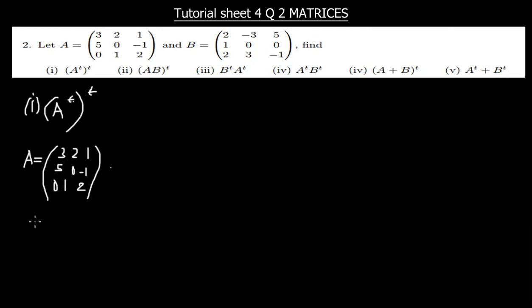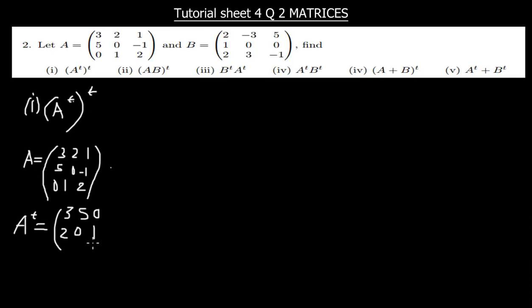So for you to find A transpose, you just change all the rows into columns. I'll start with this row, 3, 2, 1, and write it as a column, 3, 2, 1. Then the next row, 5, 0, -1, and lastly 0, 1, 2.